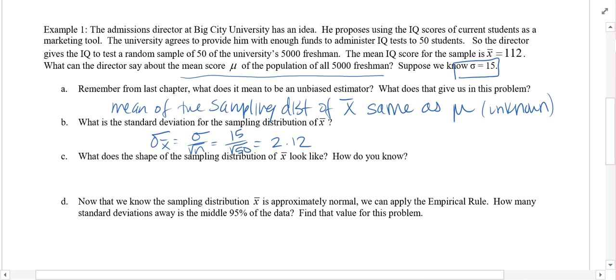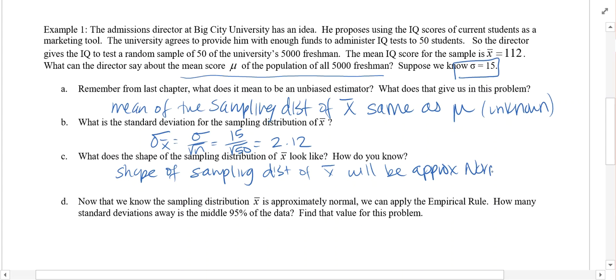But can we use the central limit theorem? Yes, we have a random sample of 50. So we can say the shape of the sampling distribution of x bar will be approximately normal since n is greater than 30 by the central limit theorem.